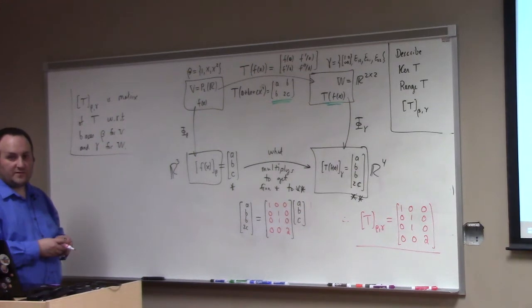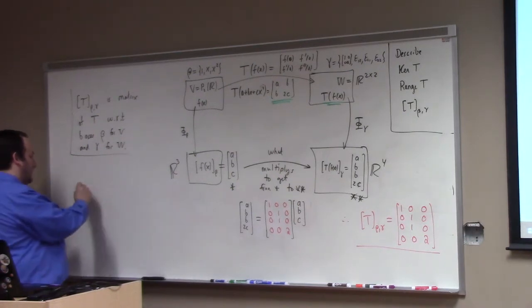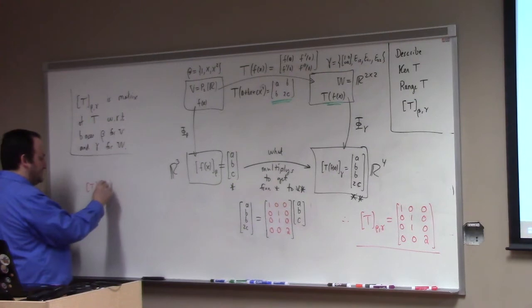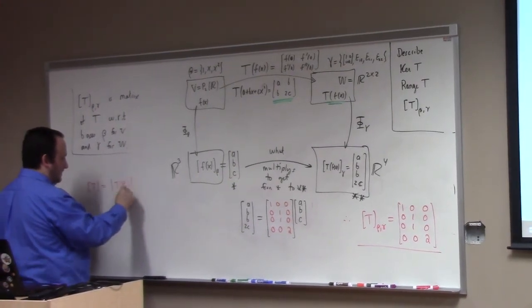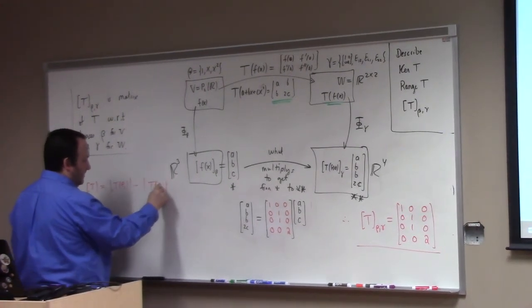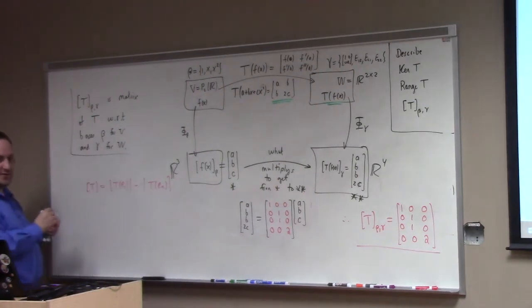Now in the videos that you guys hopefully watched or will watch soon, I also give just a stone cold formula for calculating the matrix directly, much like the standard matrix formula. There's a similar matrix formula here.